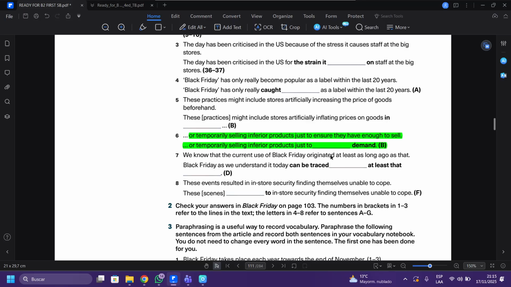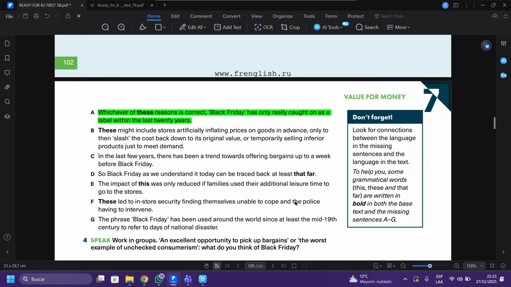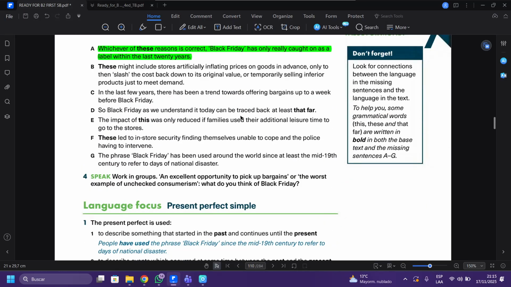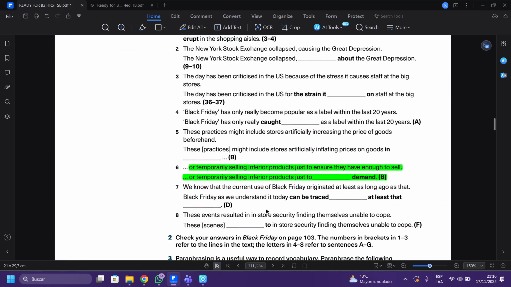We know that the current use of Black Friday originated at least as long ago as that. So this is another idiom. Black Friday, as we understand it today, can be traced back at least that far.